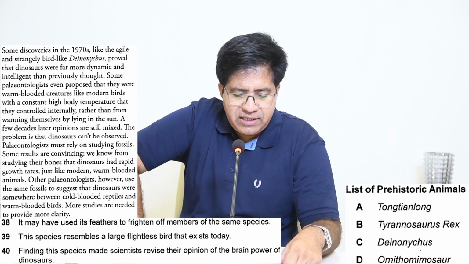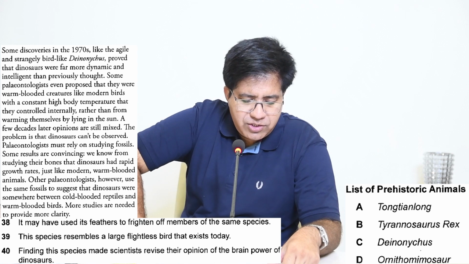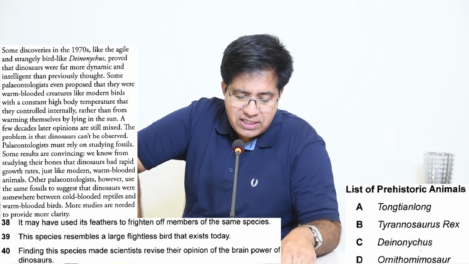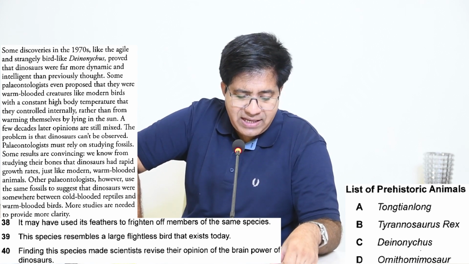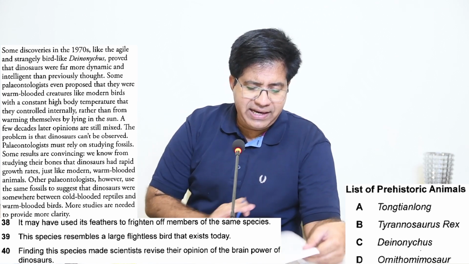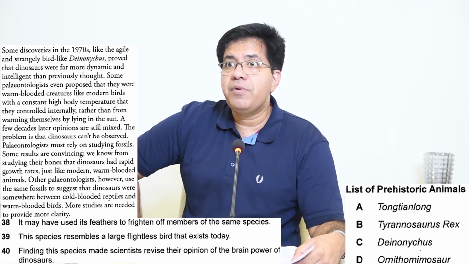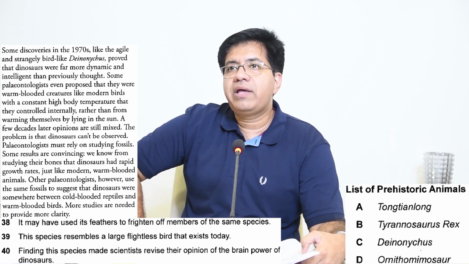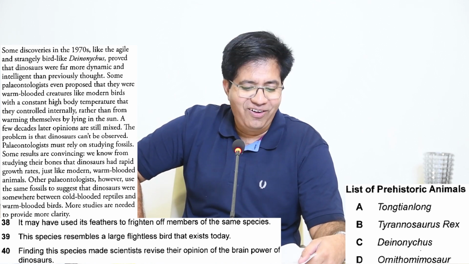Some discoveries in the 1970s, like the agile and strangely bird-like Deinonychus, proved that dinosaurs were far more dynamic and intelligent than previously thought. Now, dynamism and intelligence is what? This is the brain power. So question number 40, the answer is C. Okay, so we did it through scanning. This is the easiest way to complete it all.